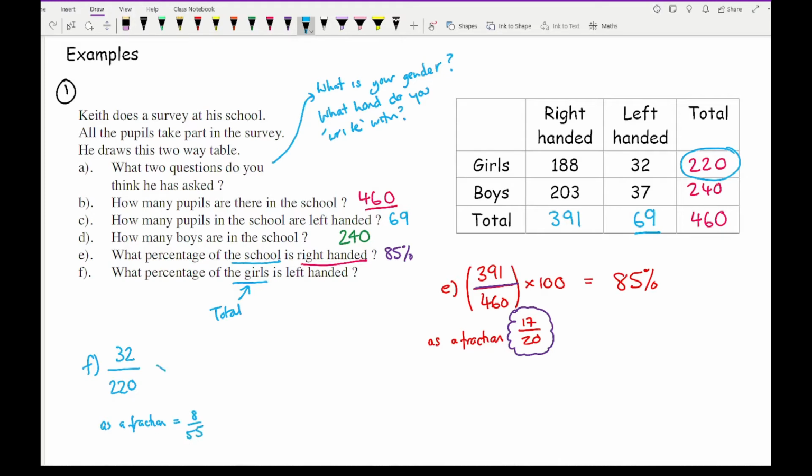But because it wants me to give a percentage, I just multiply either of those two fractions by 100 and I get an answer of 14.54 recurring. So that's going to be rounded to 14.5%. So writing my answer for part F is going to be 14.5%, and that's to one decimal place.